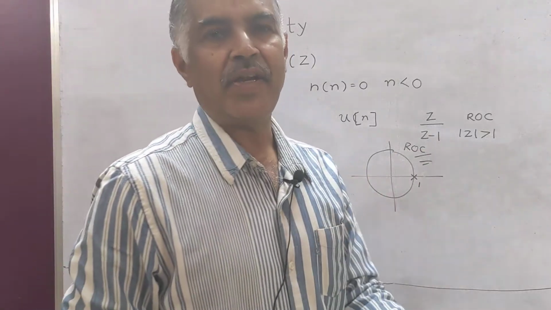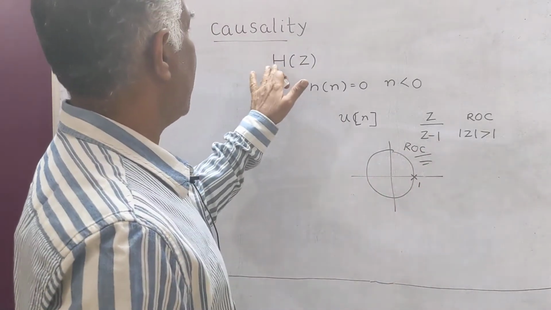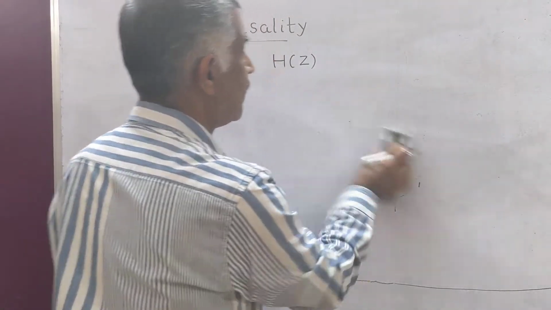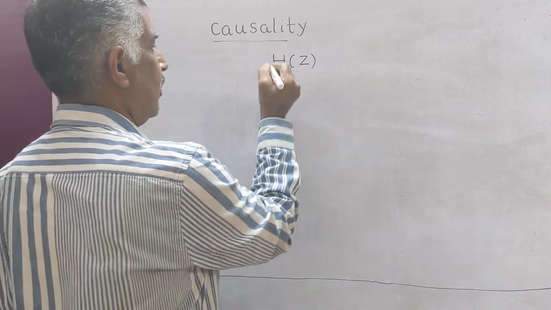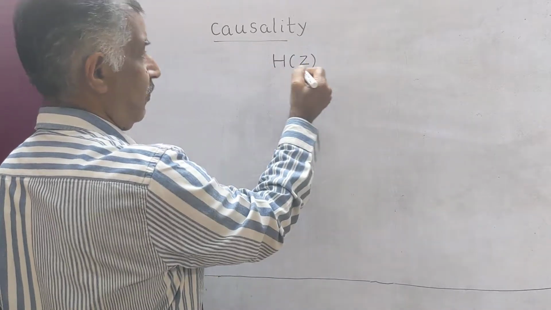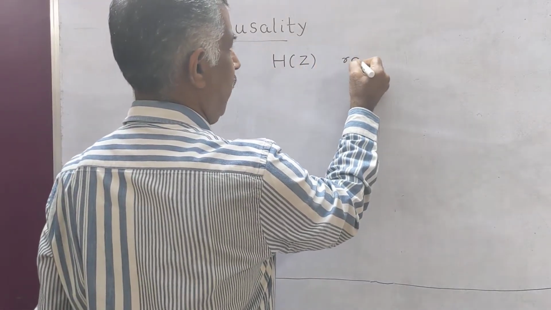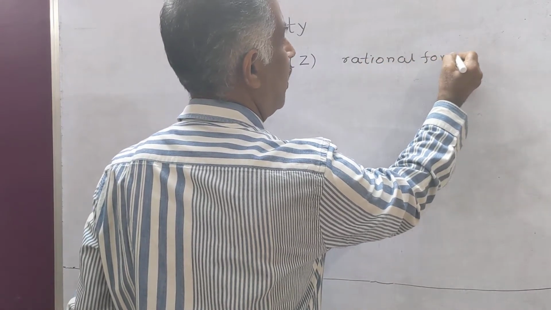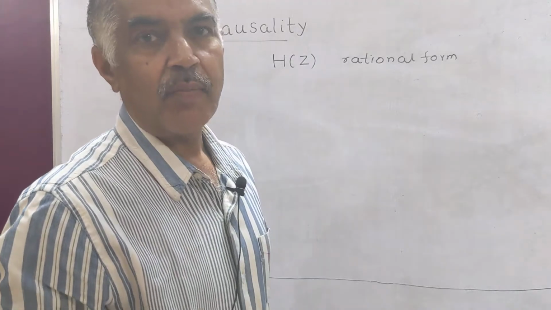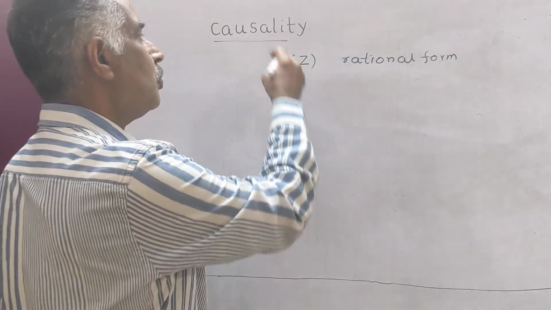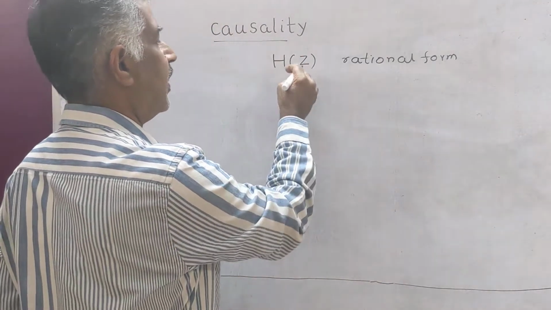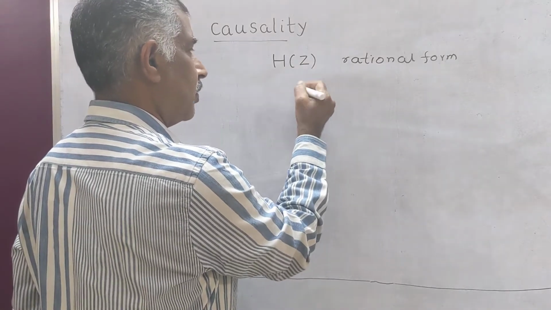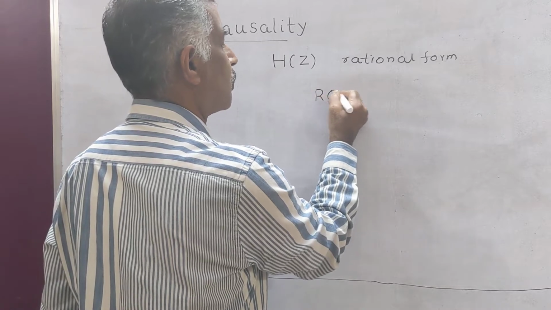So in the same manner, you can interpret H(z) for causality. So what is the condition for causality? Now you will be given H(z). It will be in rational form. Rational form means numerator and denominator will be in terms of polynomials. So given H(z), now you find the ROC. Look into the ROC.